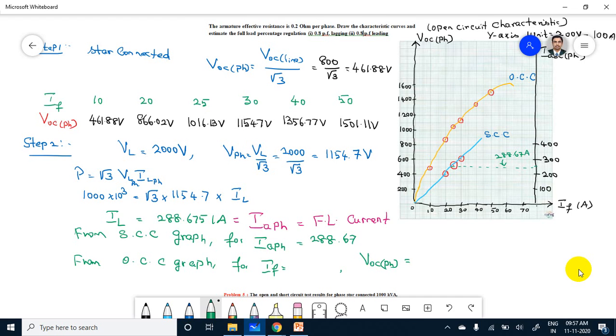Once it touches, we have to draw a parallel line, and if you plot it properly, you will get IF. IF will be 28.5 ampere.